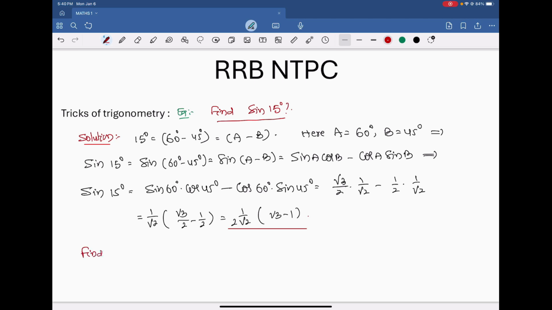Now, find out the values. It is your homework. Cos 75 degrees, sin 75 degrees, tan 75 degrees, tan 300 degrees, sin 300 degrees, cos 300 degrees.